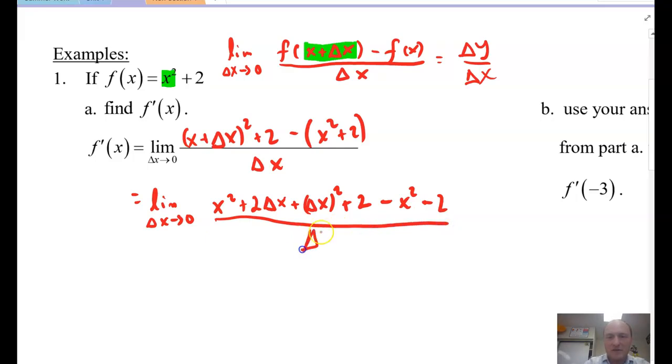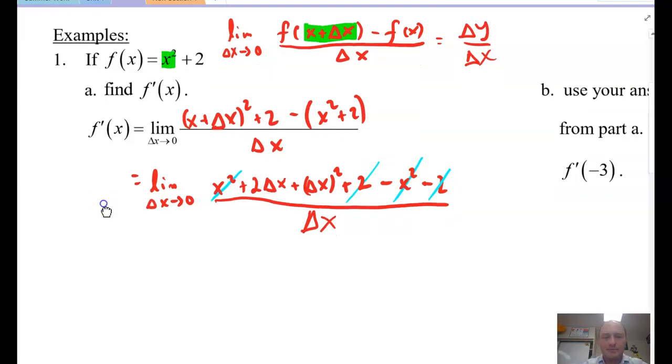Lots of algebra going on here, and you will have factors reduce or cancel out. Notice I have an x squared term that cancels, positive and negative, and I have a 2 that cancels.